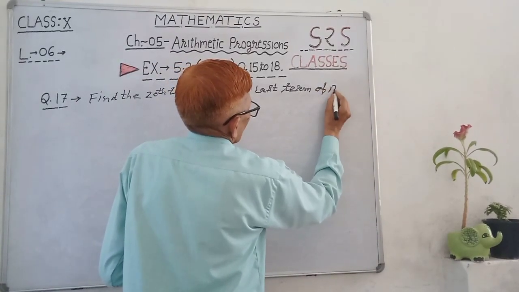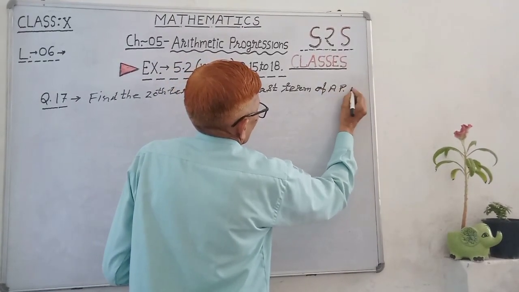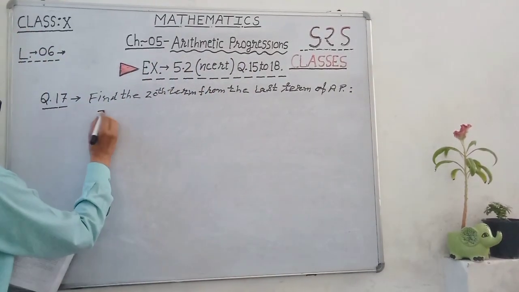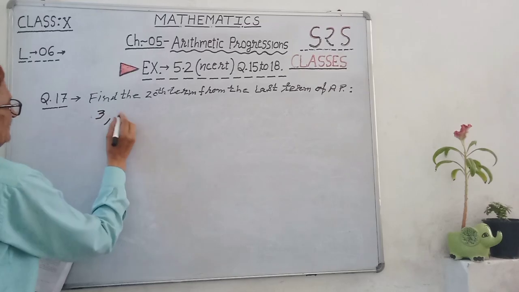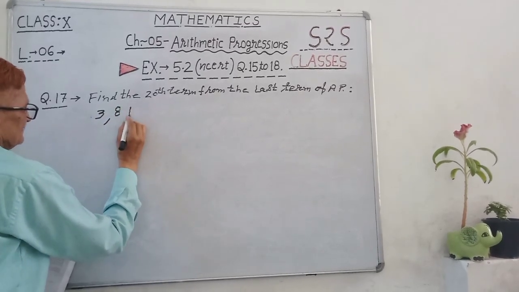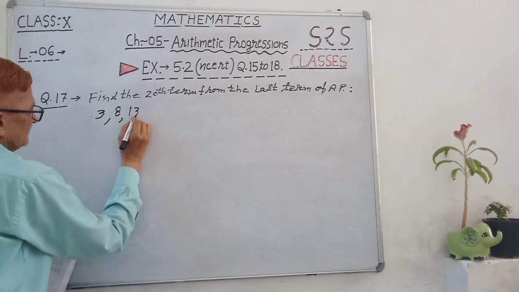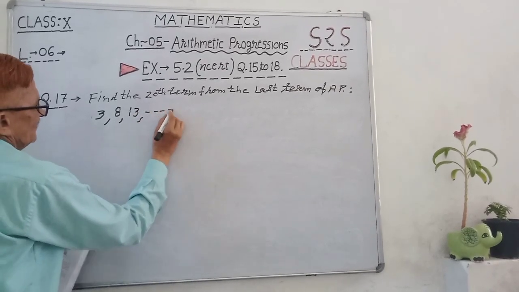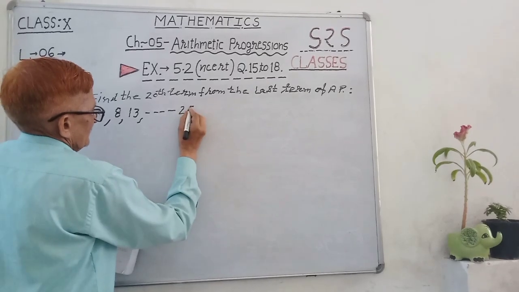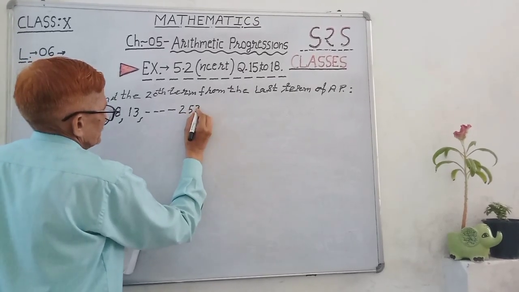What is the AP? 3, 8, 13, and so on. And the last term is 253.